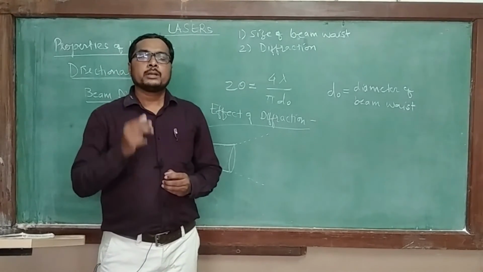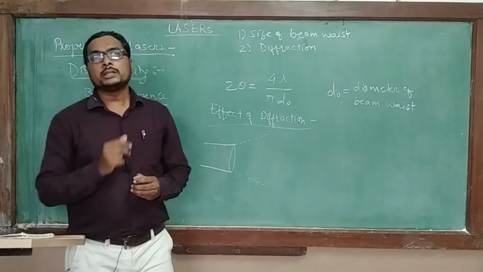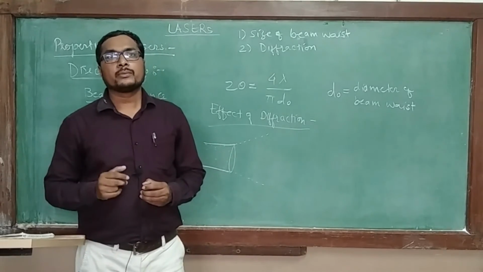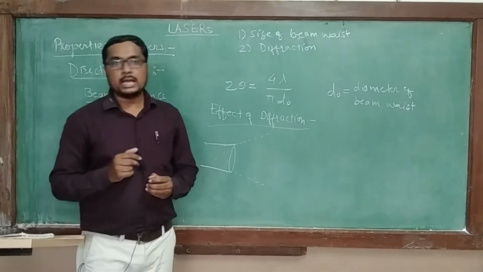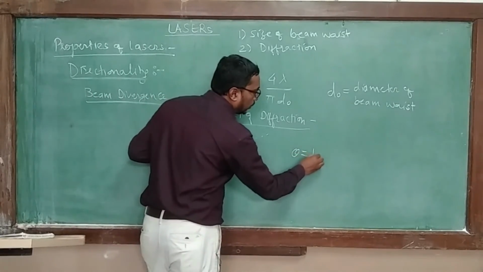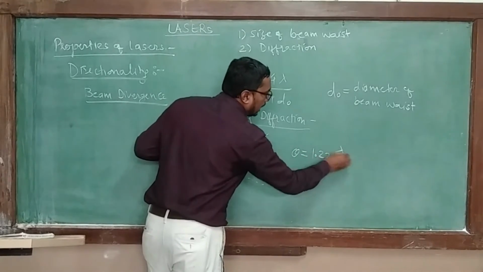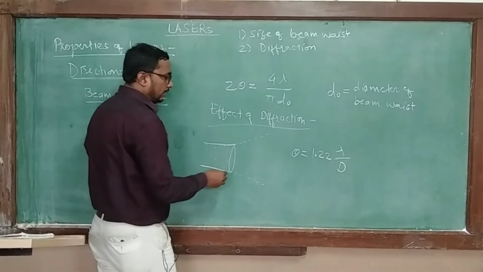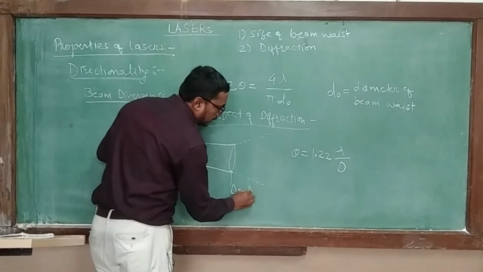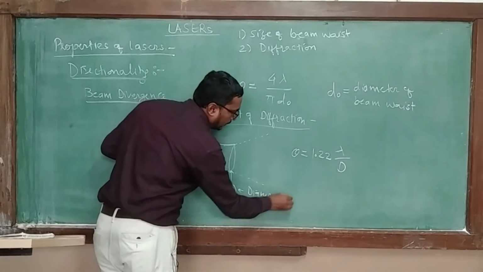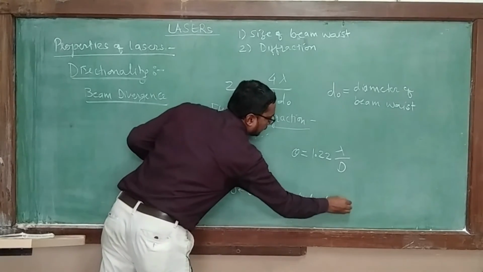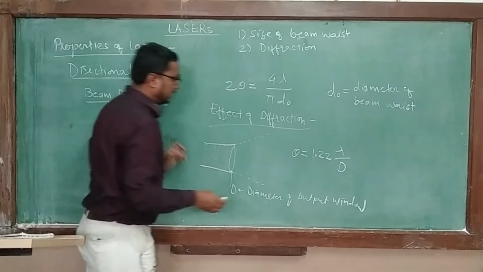This divergence due to diffraction can be calculated by using Rayleigh's criterion. The divergence due to diffraction is θ = 1.22 λ/D, where capital D is the diameter of the output window.